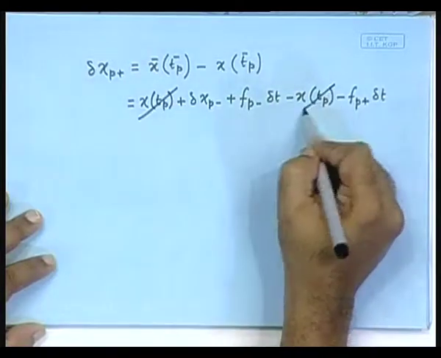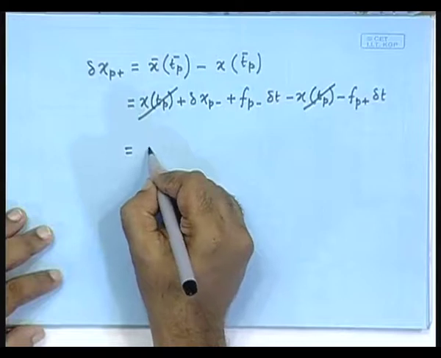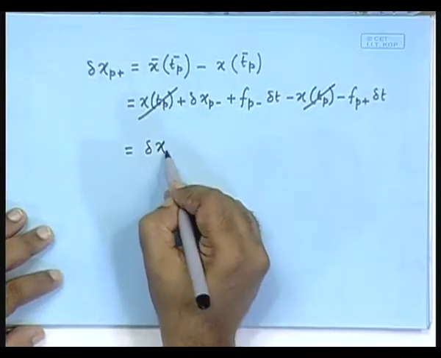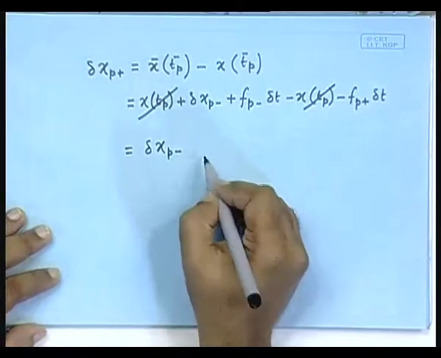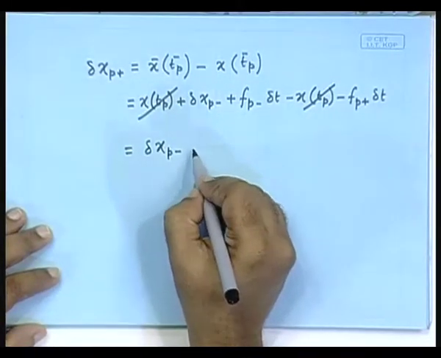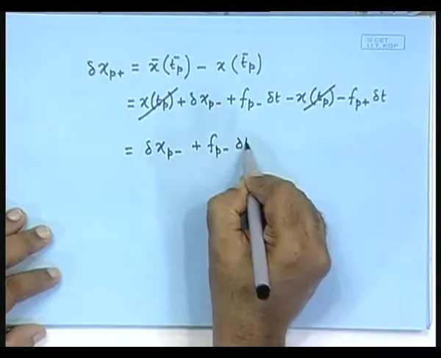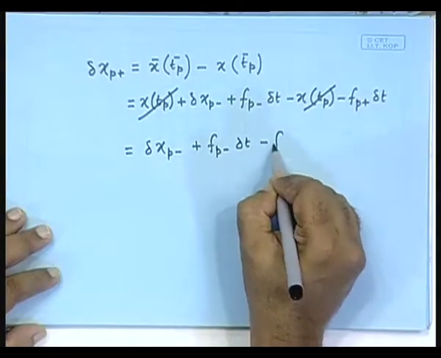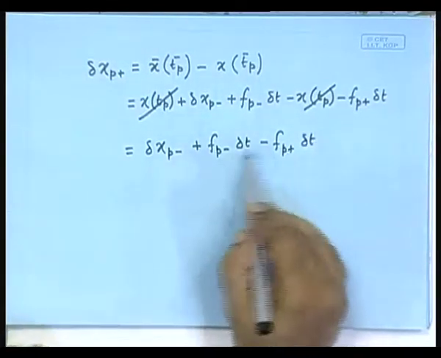These two cancel off, and so we are left with delta x p minus plus f p minus delta t minus f p plus delta t. Essentially, this minus this times delta t.